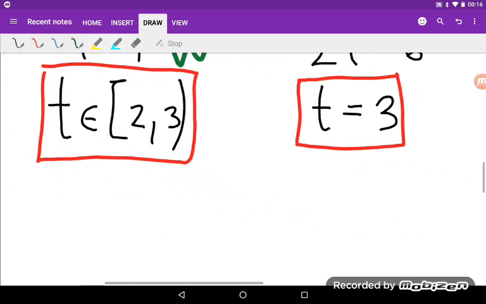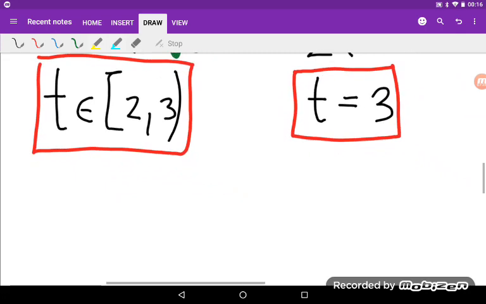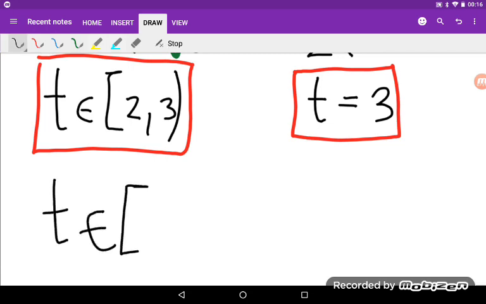So now basically I have these two solutions, and the final solution will be a closed interval from number 2 to number 3, because the first solution is the interval from number 2 included to number 3 excluded, but the second solution is number 3, so number 3 is also a solution.